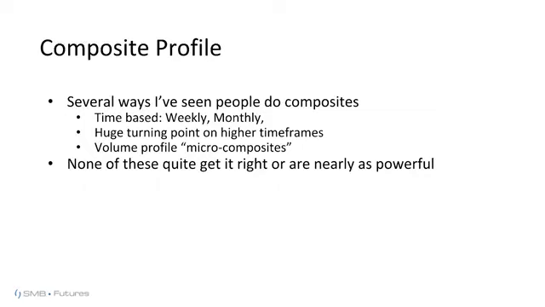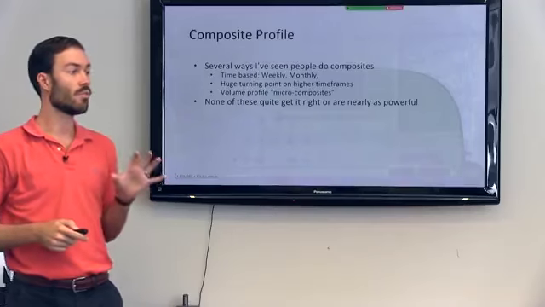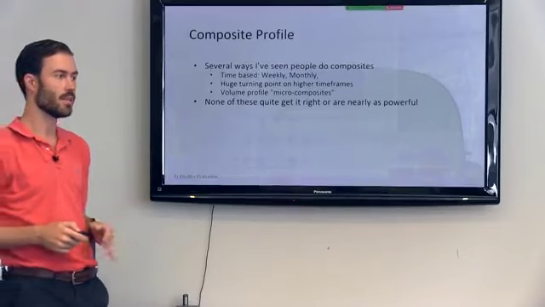Other people use volume profile micro composites, and they will actually do more of what I do, which is group certain sections of activity together. But volume profile doesn't quite do as good of a job with value specifically as market profile.